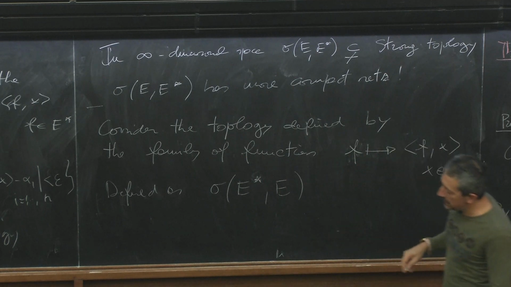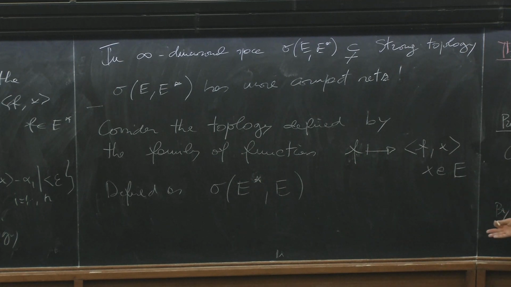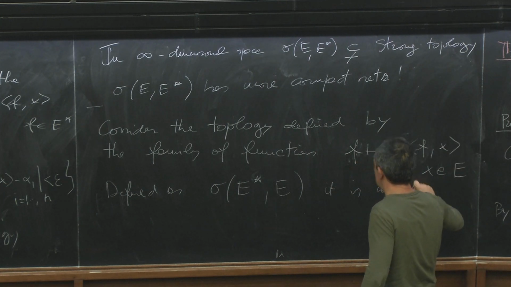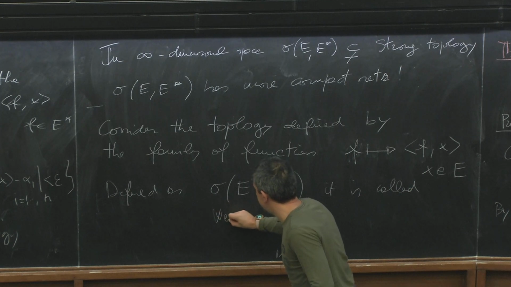This is the topology inherited by E star, and it is called the weak star topology.